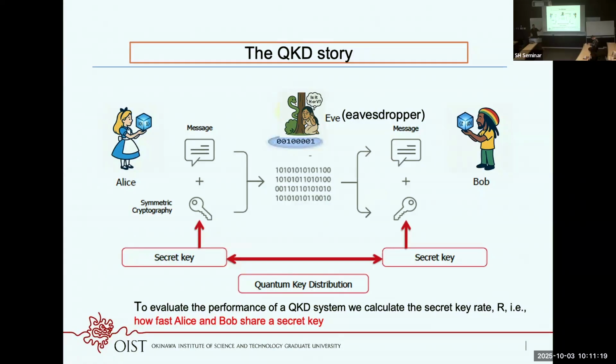Alice and Bob want to communicate, but of course it would be useless to exchange, let's say, one key bit per hour or per day. So the rate, how fast Alice and Bob can exchange this key, is the main figure of merit for QKD, and I will show you in the next slide how we can calculate it in different protocols.